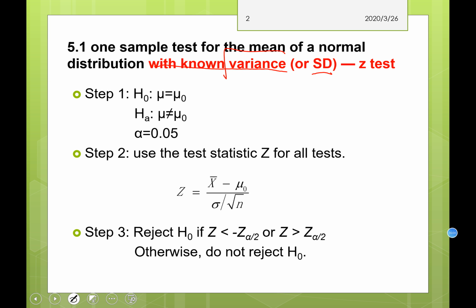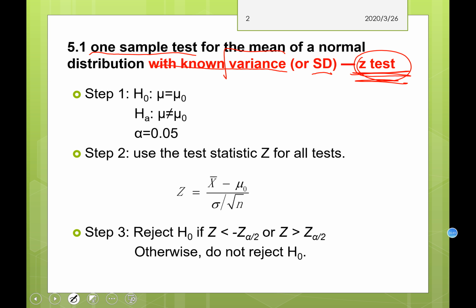So this kind of method, one sample test for the mean of a normal distribution, is used when we know the variance or we know the SD. At this time, we can use the method of z-test. That is the name of the method used for one sample test for the mean of a normal distribution with known variance. We call it z-test.